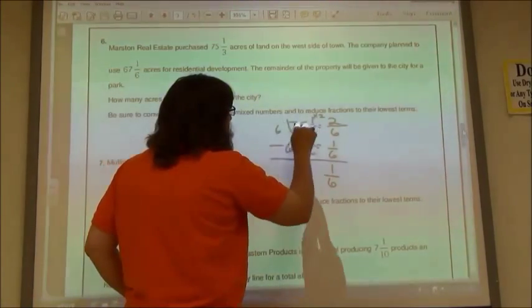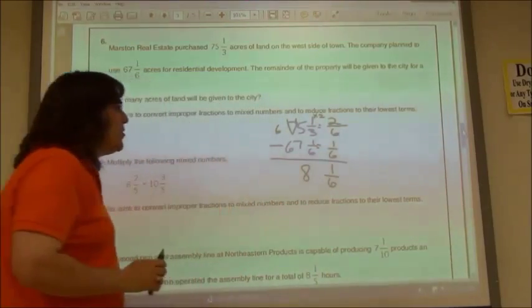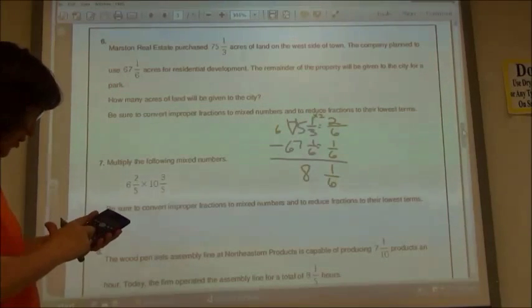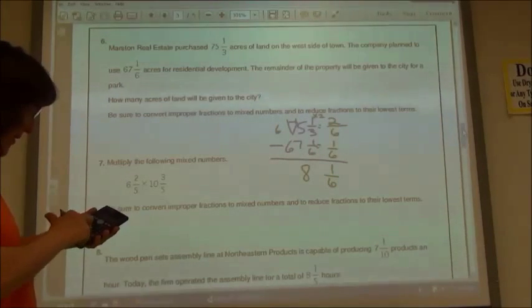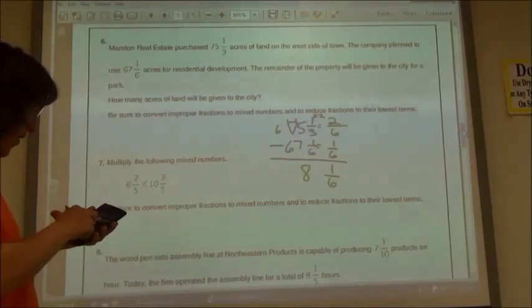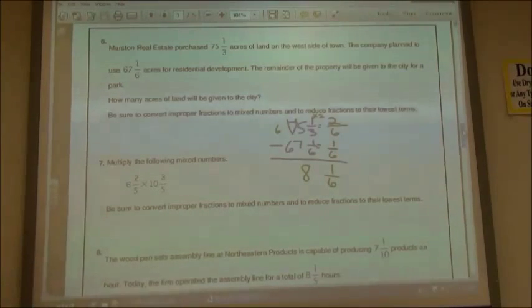We have to borrow here. 15 minus 7 would be 8, and so 8 1/6 is what we have left over. So again, 75 fraction 1 fraction 3rd minus 67 fraction 1 fraction 6 gives me 8 1/6, which is what we ended up with.